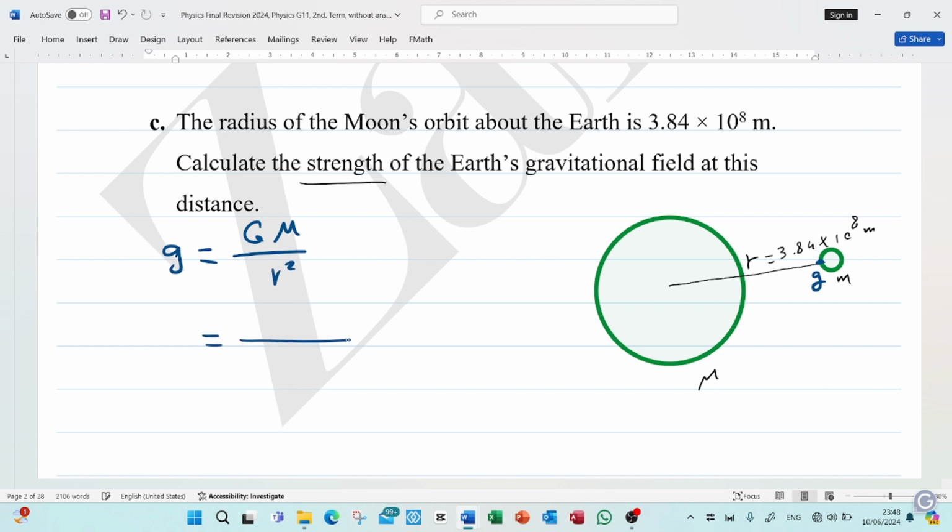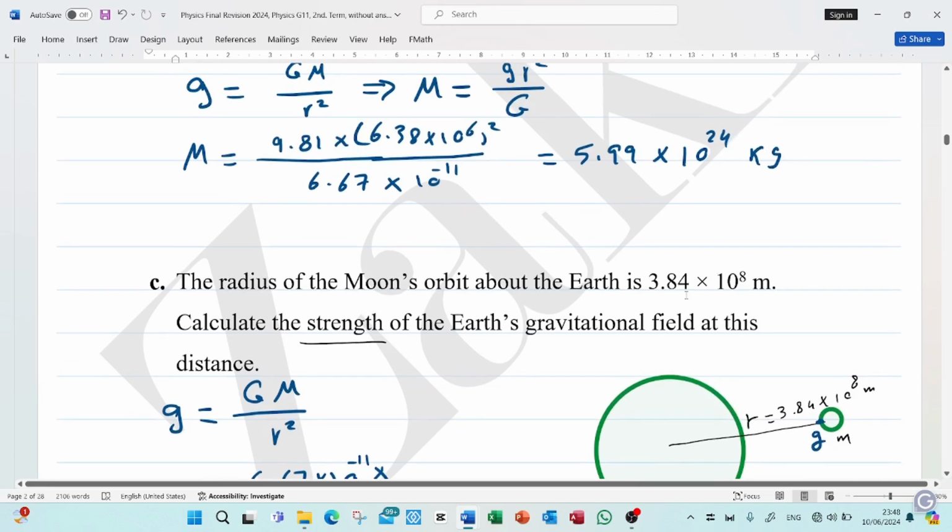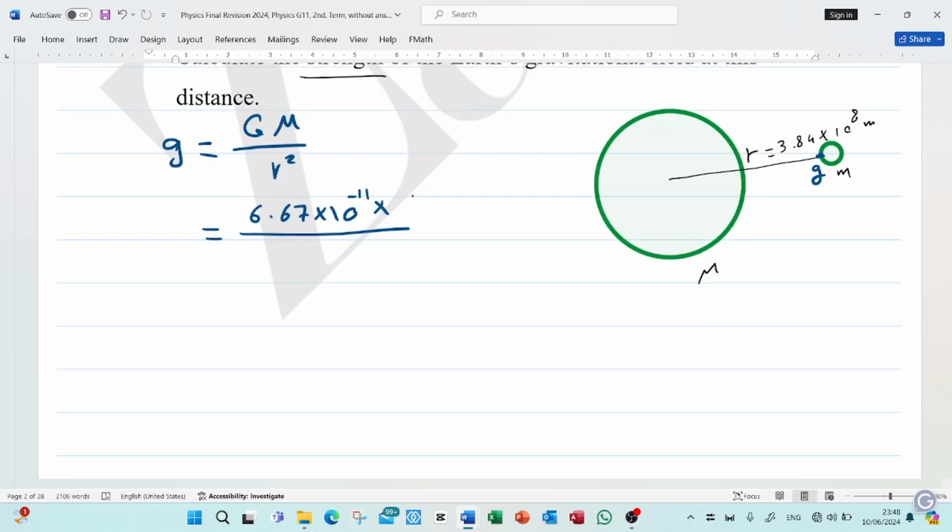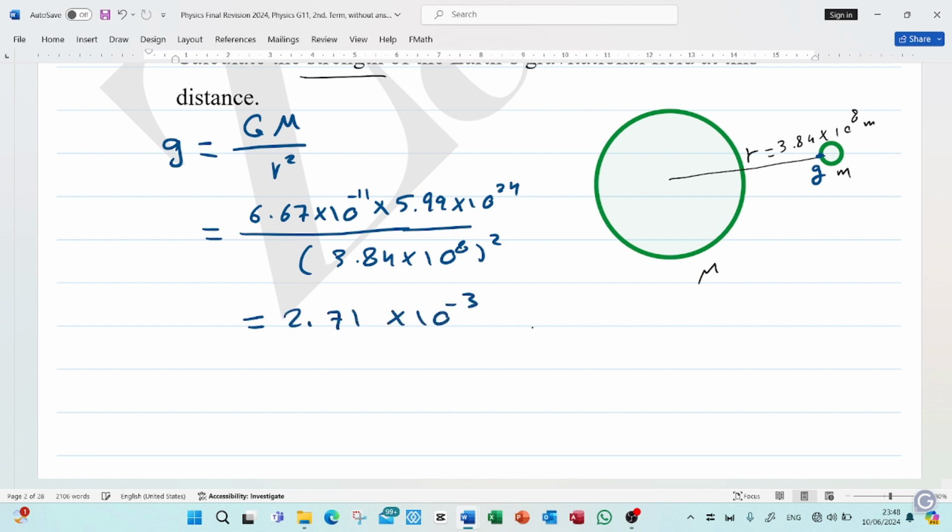Then we do substitution. 6.67 multiply 10 to the power negative 11, multiply the mass of the Earth that we already calculated, 5.99 multiply 10 to the power 24, divided by r, the radius of the orbit, 3.84 multiply 10 to the power 8 all squared. By using calculator, it's 2.71 multiply 10 to the power negative 3 newton per kilogram.